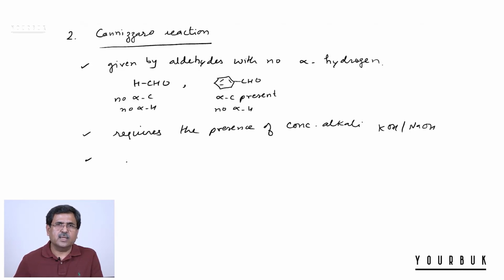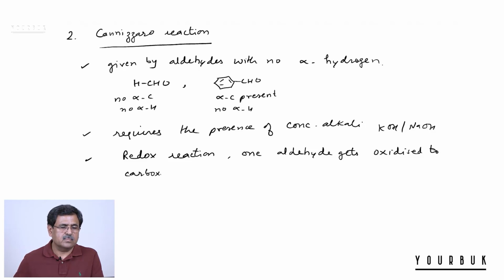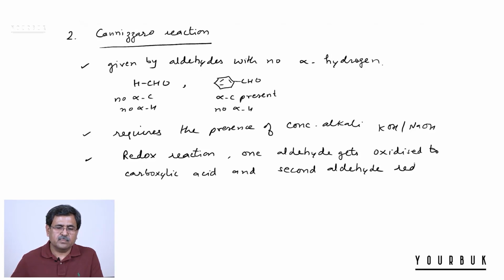And the third point is that Cannizzaro reaction is an example of a redox reaction, in which one of the aldehyde gets oxidized to carboxylic acid, and the second aldehyde is reduced to form primary alcohol.